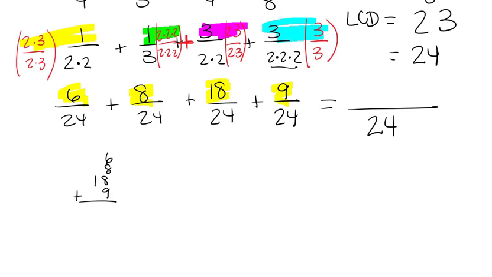So 6 plus 8 is 14, plus 8 is 22, plus 9 is 31. Put a 1 below, carry the 3 to the 10. So now 3 plus 1 is now 4. So we get 41 over 24, and this for the units is horsepower. So this is the total horsepower.